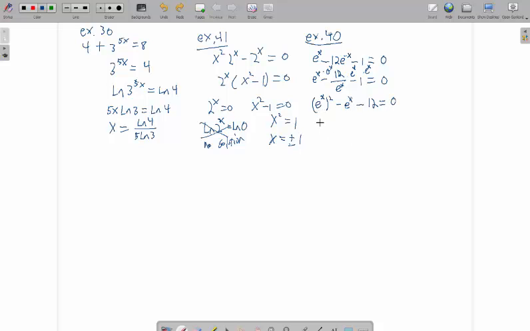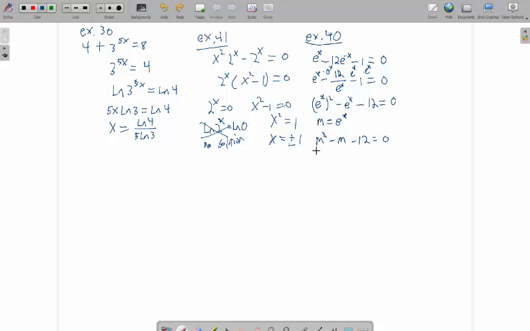Equals 0. Now, this is quadratic in form. You may not recognize it, but we have a squared term, we have just a straight term, we have a constant. So you can treat it as if it were just a quadratic equation. So if I had m equals e to the x, I would have m squared minus m minus 12 equals 0.